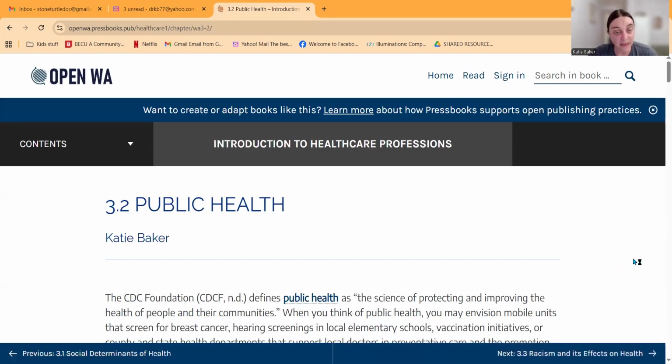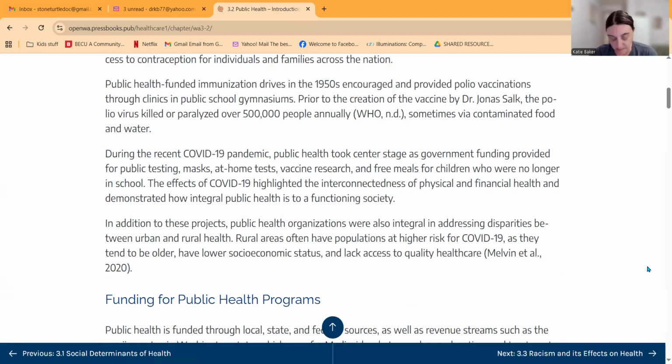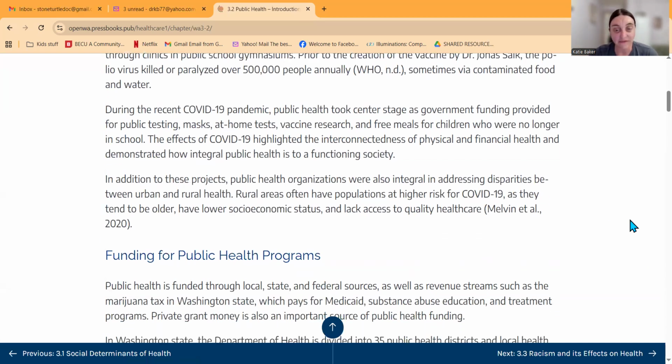In the public health segment, we're going to be talking about the history of public health. We're going to talk about the present day interventions that public health does. We'll talk about primary, secondary, and tertiary interventions. We're going to talk about funding. Funding comes from local, state, and federal sources, so how does politics influence the funding of public health programs?